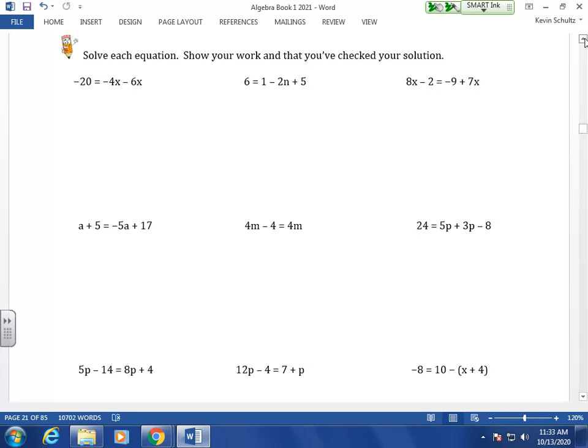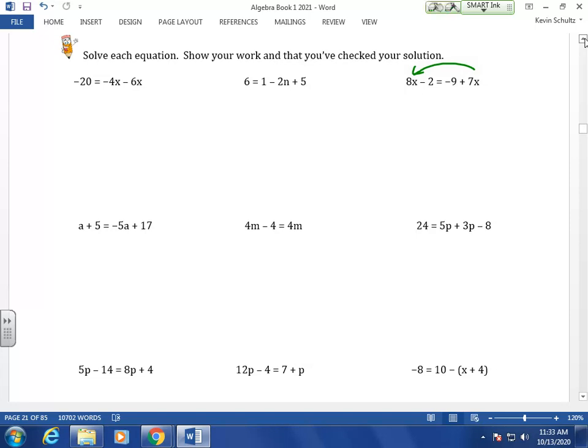Do we always start on that side when we move a term? The beauty of this is that you can take any approach that you want to. If you want to move your 8x's over to the right side and start by subtracting 8x, you can. If you want to move your 7x's over to the left side and start by subtracting 7x, you can. So you can just do it any way you want to.